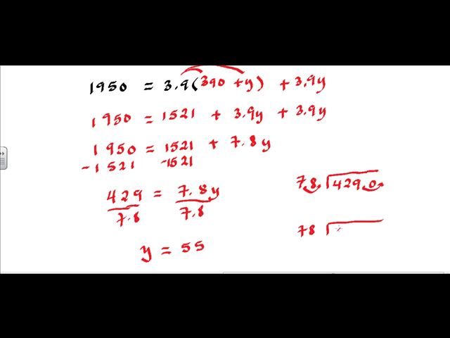78 divided into 4290. And then 78 goes into 42. It's too small, but 78 can go into 429. Let's see how many times.